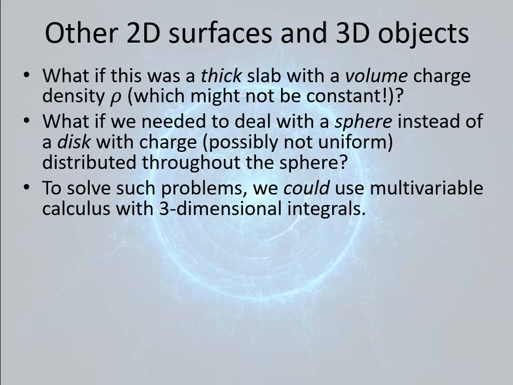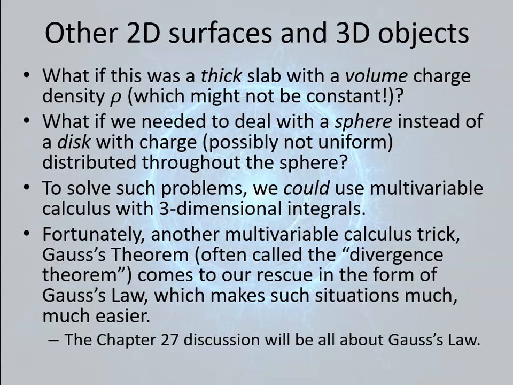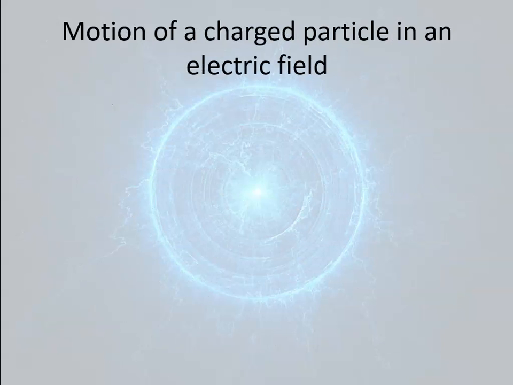You could use multivariable calculus with some of those, but the tricks, combined with Gauss's theorem, which is often called the divergence theorem, end up showing us in the form of Gauss's law that we can actually turn these things into one-dimensional integrals. And we're going to have a lot more to say about that in the next chapter discussion.